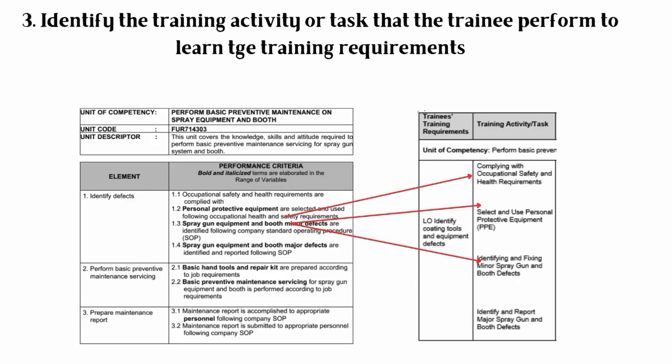So for the activities or tasks we're going to put here, we base them on our TR. We will look for the core competency unit, which is perform basic preventive maintenance on spray equipment and booth. What we put in our activity or task is the performance criteria. So we're going to copy this and paste it in the training plan, and then we will paraphrase it to make it an activity.